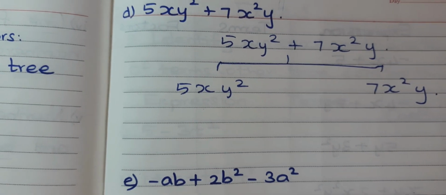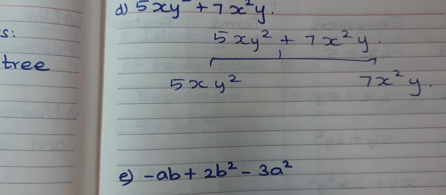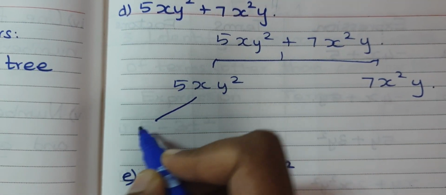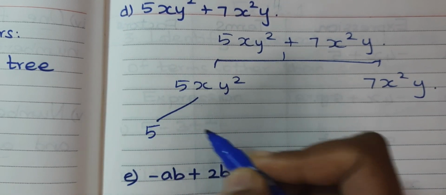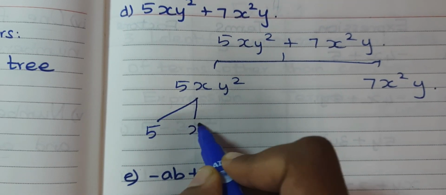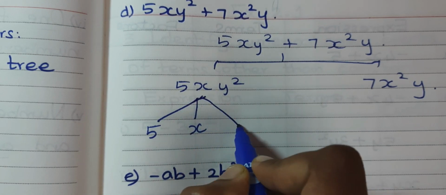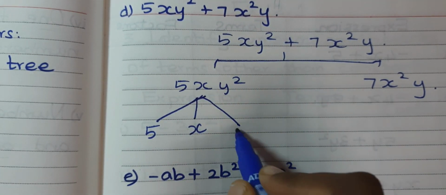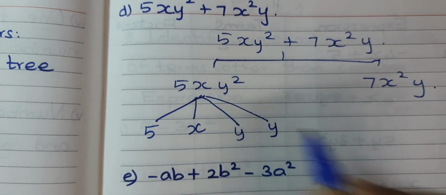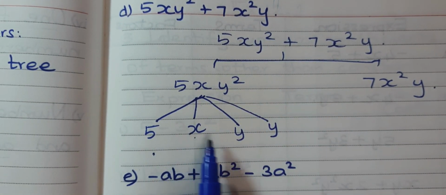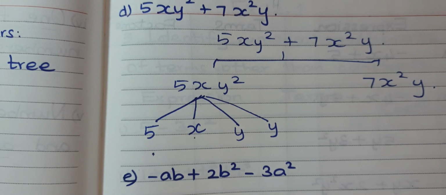The next step is to write the factors of these. So I can split this into 5. Next the x term. Next y square can be split as y into y. So 5 into x into y into y gives 5xy square.